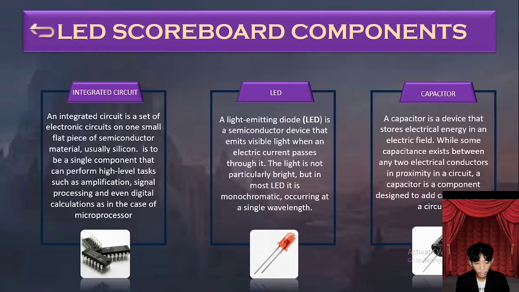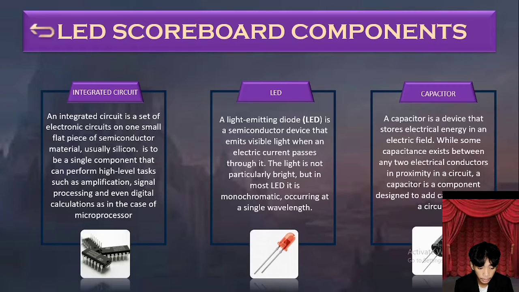So let us first define what an IC, or integrated circuit, means. For those who don't know, an integrated circuit is composed of thousands or millions of transistors, which are responsible for electrical signals, also acting as a switch or gate. Technically, an integrated circuit is a set of electronic circuits on one small flat piece of semiconductor, usually silicon.